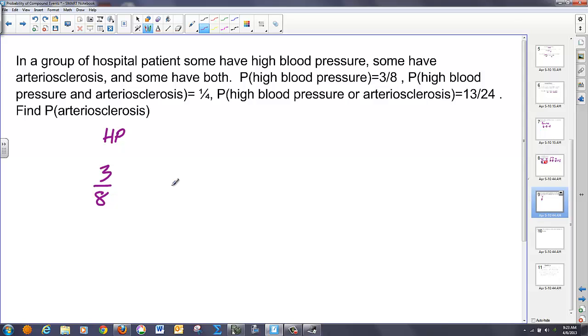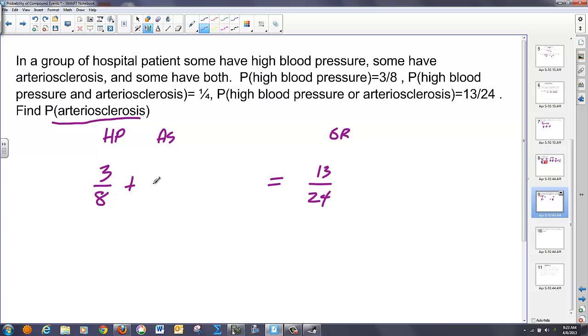And I have high blood pressure or arterial sclerosis. That could be an answer, if you will. Here's my OR answer, and that's 13 over 24. Now, I need the probability of just arterial sclerosis. So, in this case, I'm going to call this AS.